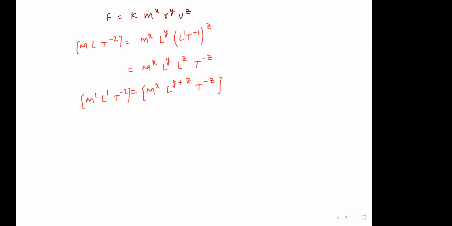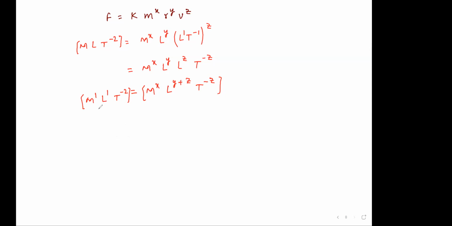Now according to the principle of homogeneity, if two quantities are related by an equals sign, it means each term on the left hand side and each term on the right hand side would be the same in dimension.